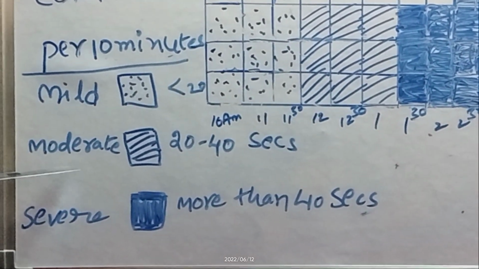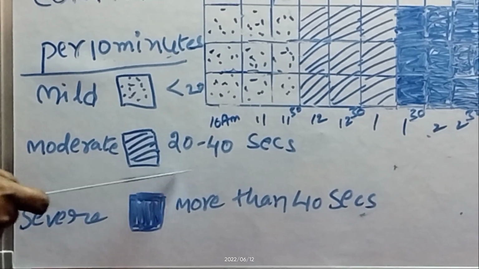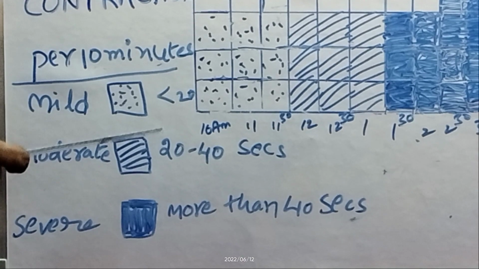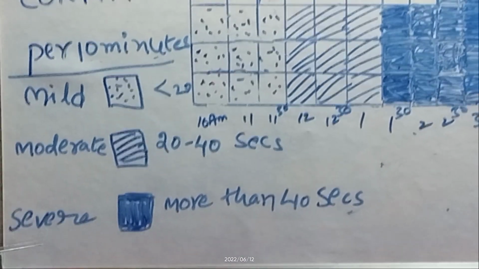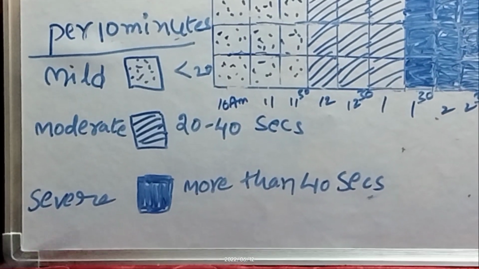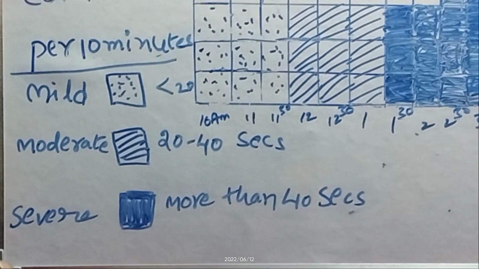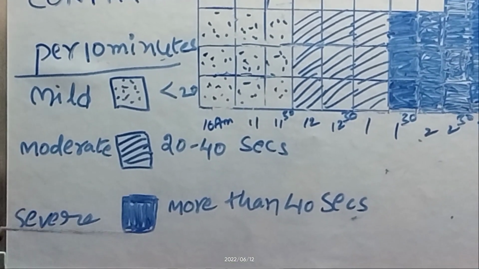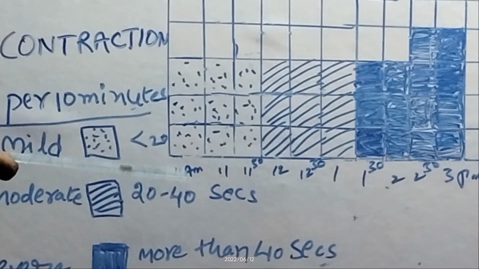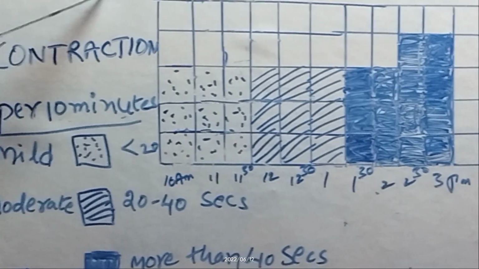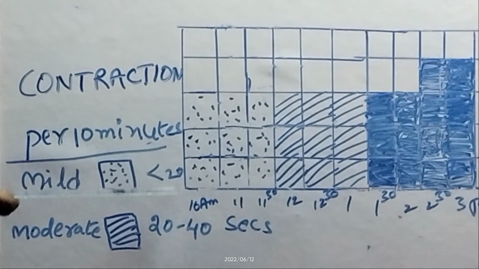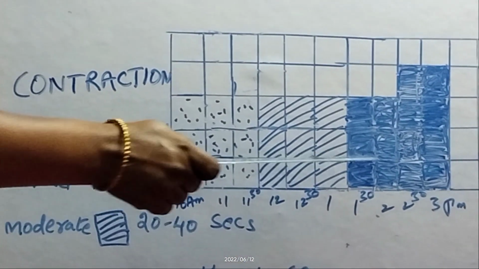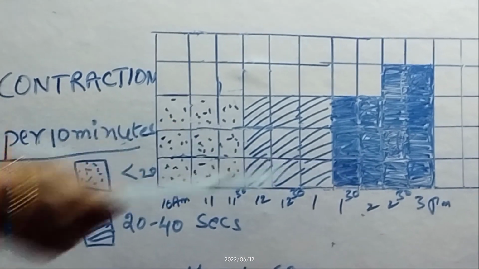Next, moderate contractions, 20 to 40 seconds. So that box should be written with lines. Severe contractions, more than 40 seconds. That box should be totally dark. So here you see, every half an hour we should write the contractions. This is mild, moderate and severe contractions.